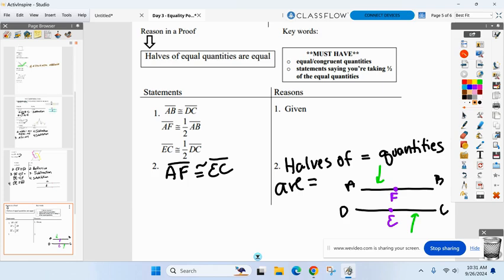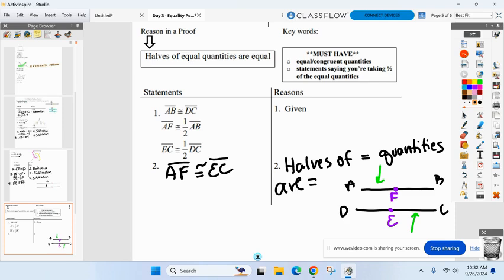I already know because I see these two vocabulary terms. Here, one vocabulary term, bisect. So if I see an angle or a segment is getting bisected in the givens, I know I'm taking half of it. Bisect and, Colin, you got the other one? Midpoint. So if I see those words in the givens, that should signal to me I'm taking half of something. All right, because probably I'm not going to tell you I'm taking half. You guys got to figure that out by the vocabulary terms.